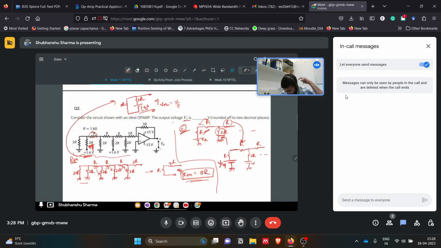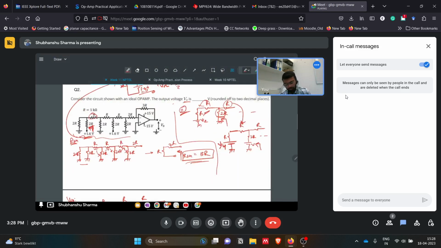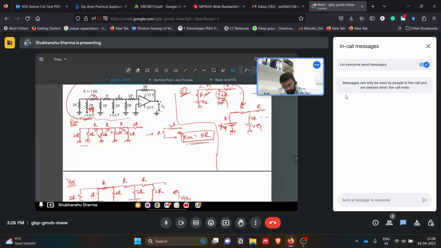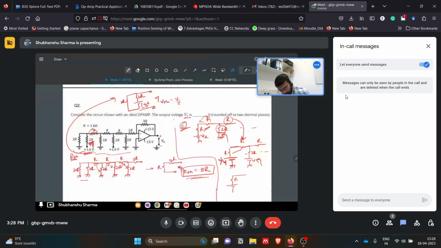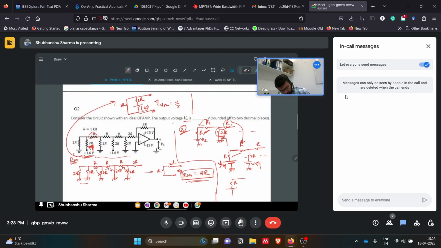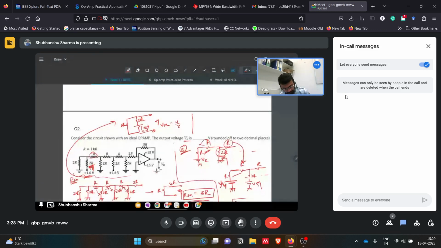So now again we'll go for Thevenin from here. So it will be what? This is 2R, this is 2R. So we'll have R as the Thevenin resistance, and for the voltage I'll make the circuit here. This is 2R, this is 2R, V by 4, this is V only.